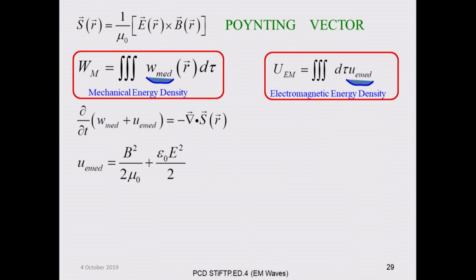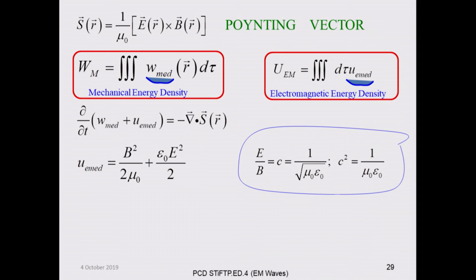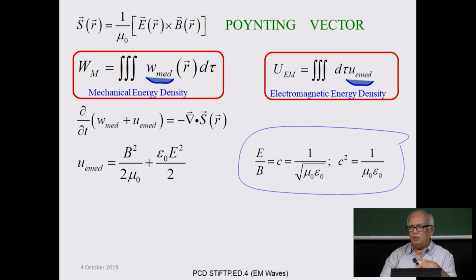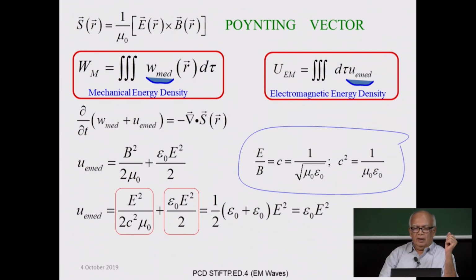The electromagnetic energy density is the sum of the electric part and the magnetic part. Now remind yourself that at the beginning of this class we showed that E over B is equal to c, and c squared is 1 over mu 0 epsilon 0, which essentially means that the electromagnetic energy density is given by epsilon 0 times the square of E. So between the two there is only one fundamental quantity, epsilon 0 or mu 0, because the other you can get from the speed of light, which is a universal constant.